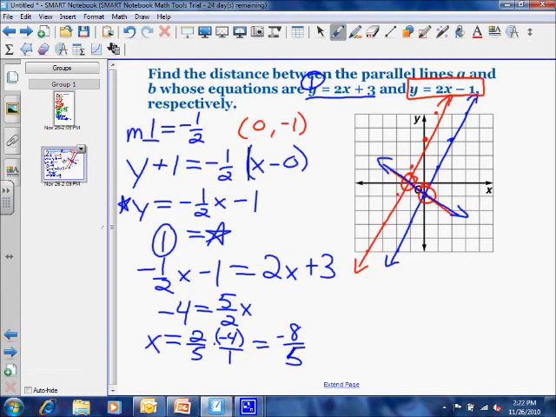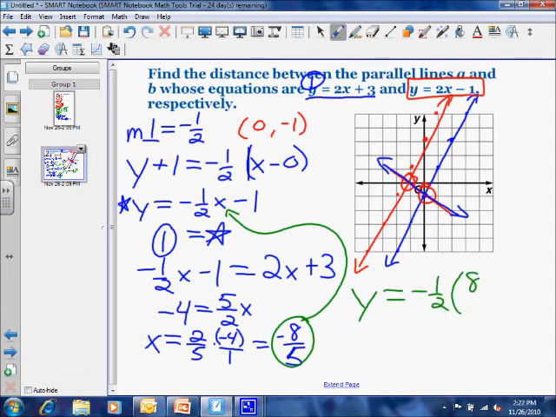I need to plug that x value into a y equals equation to get a y value out. I'll do that here. So I know that I have y is equal to -1/2 (-8/5) - 1. Multiplying straight across with fractions, I have a positive 8/10, which can be broken down into 4/5, and I have 4/5 minus 1, which will give me y equals -1/5.